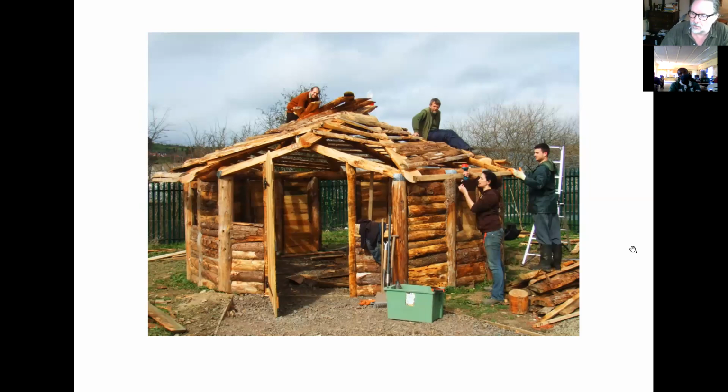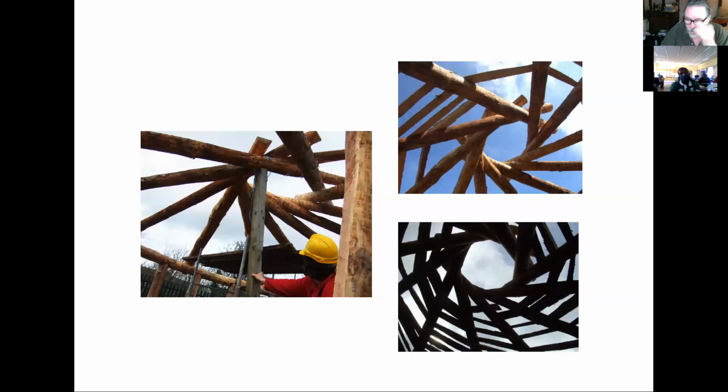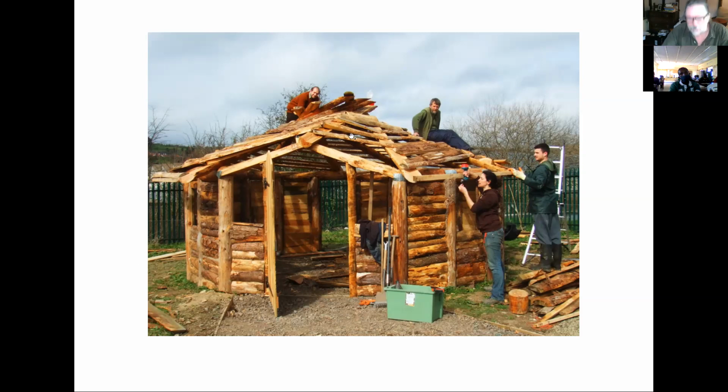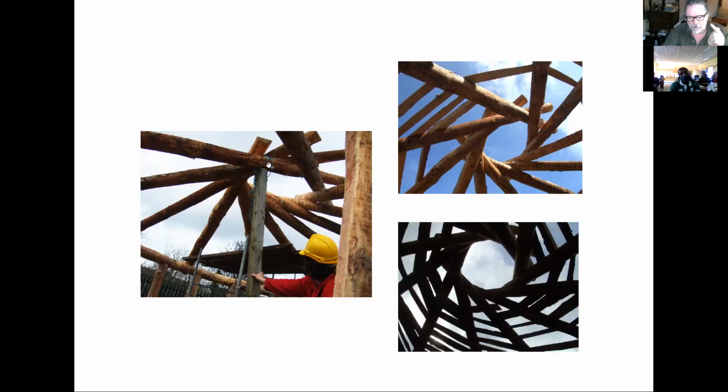This is a community garden project I was working on a few years ago. We wanted to build a low impact structure with some volunteers, as much as a team building exercise actually, but we also had a nice space to use. And we made a reciprocal beam roof. There's me holding up a beam, and the way that it's made is the first beam, there it is propped up on this support.